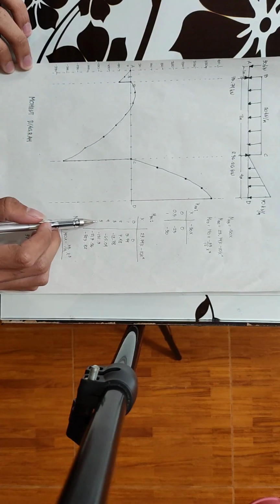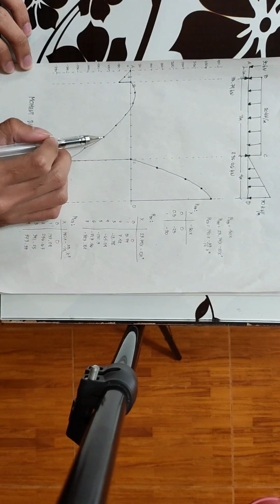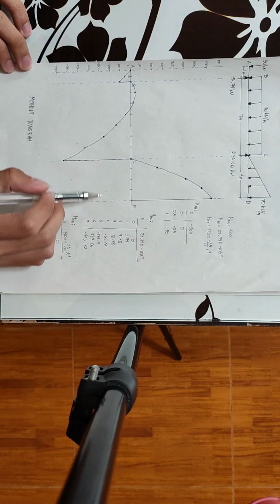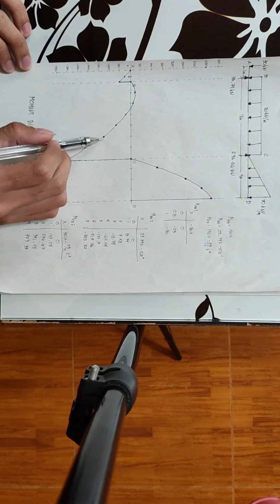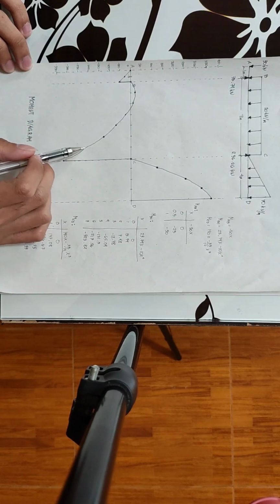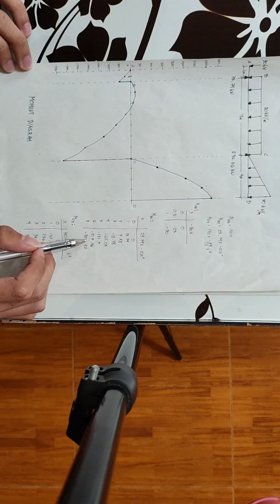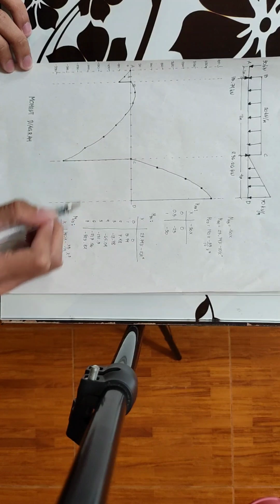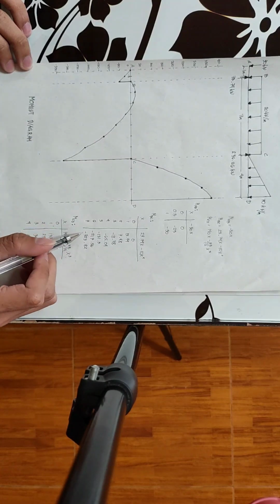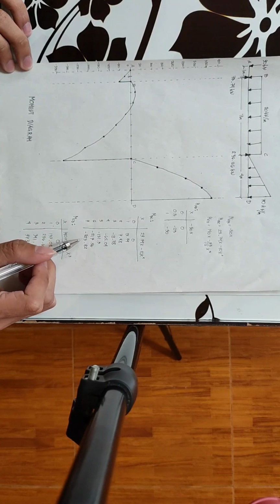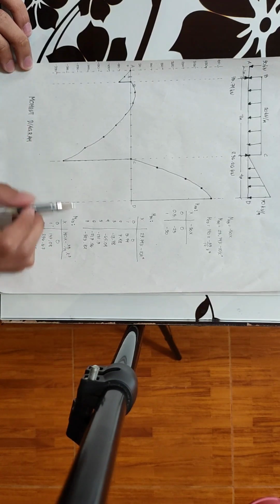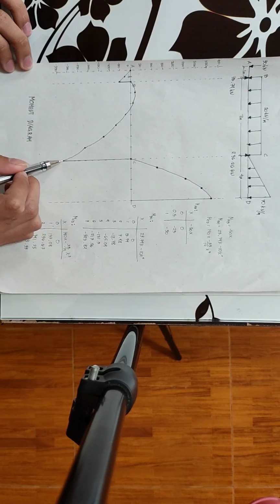Then if x is 5, it's negative 131.3. Then if x is 6, it's negative 217.56. Then if x is 7, it's negative 323.82. So 300, then 323.82. So it's located here.